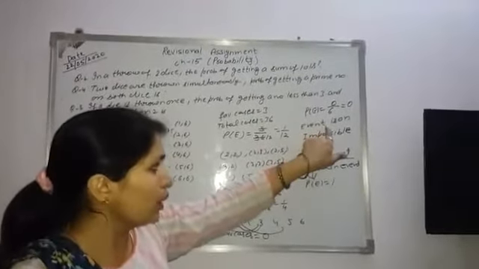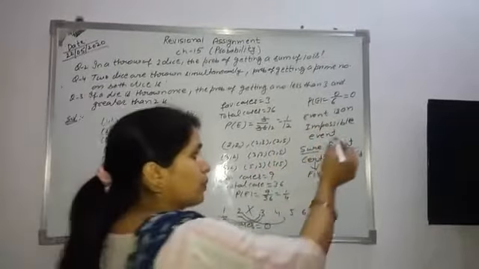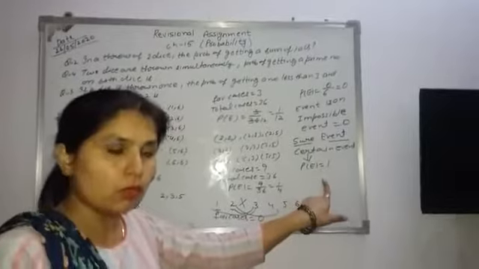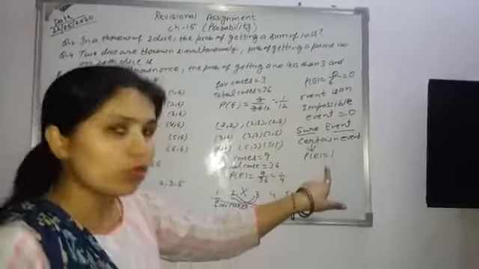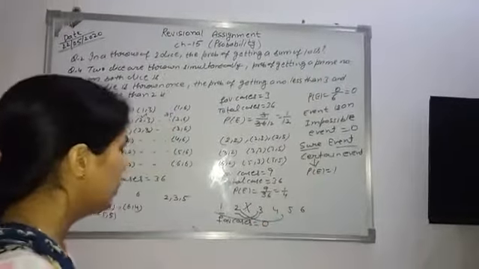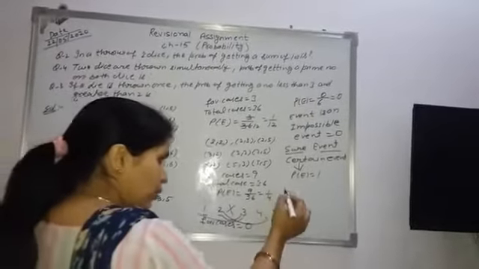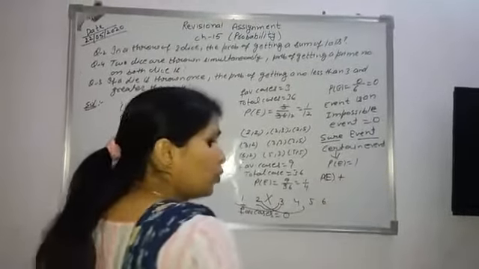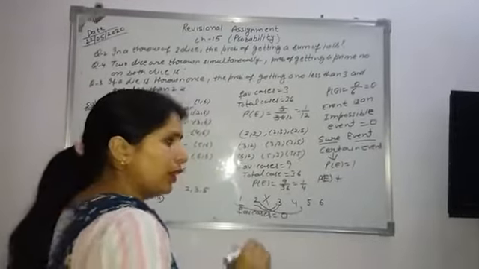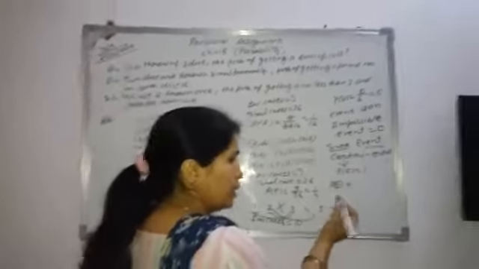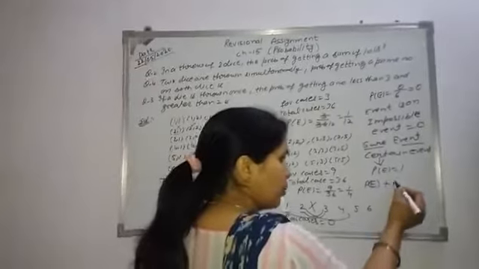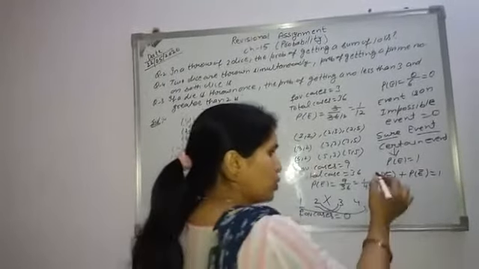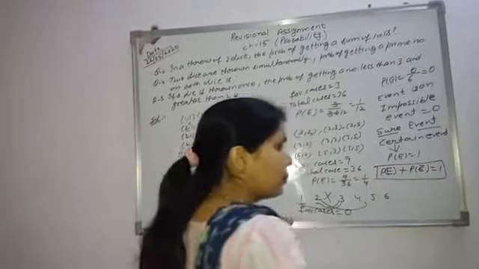The probability of an impossible event is 0, and the probability of a certain event is 1. So these two results exist, and also we know that the probability of E plus the probability of not E is equal to 1. So this is our second result.